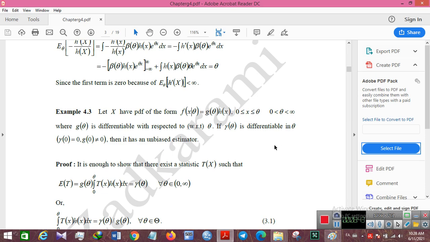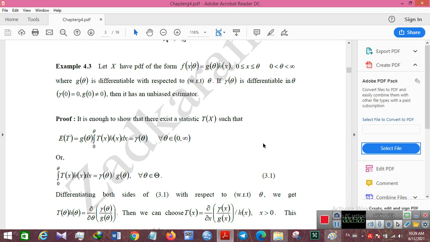We can find an unbiased estimator of gamma(theta), when gamma(theta) is differentiable.